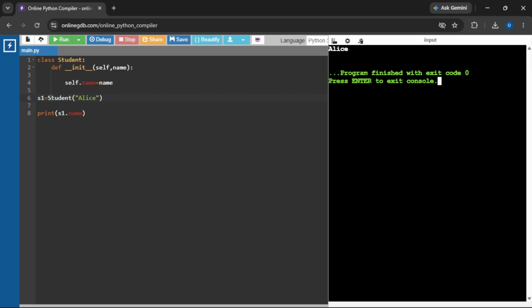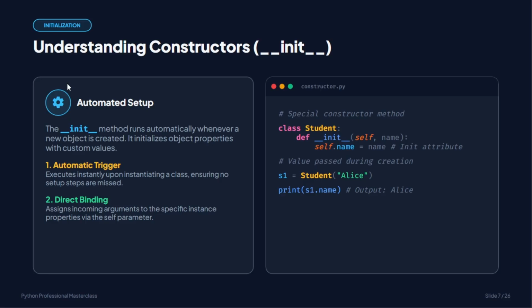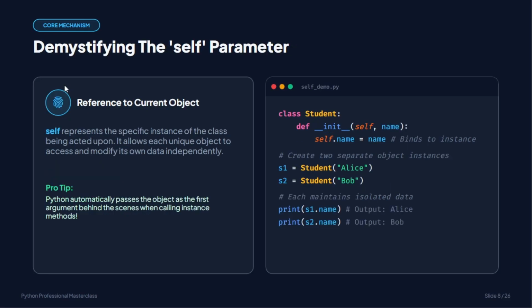It's called automatically. Think of a constructor as a registration form. Whenever a new student joins a school, the school immediately records their name, roll number, and class, and similarly the constructor immediately stores the object's information. Now, understanding the self parameter.